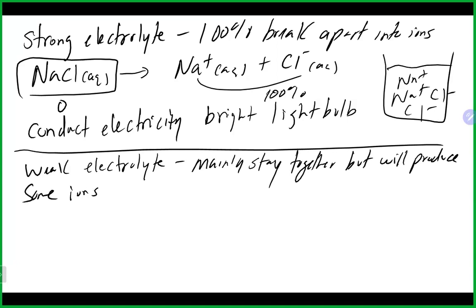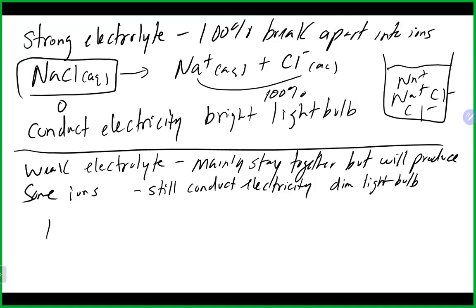Because it's able to produce some ions, it is still able to conduct electricity. But we'll use the light bulb example. In the light bulb, it would turn on, but it would look very, very dim, dying almost, but it will turn on a little bit.